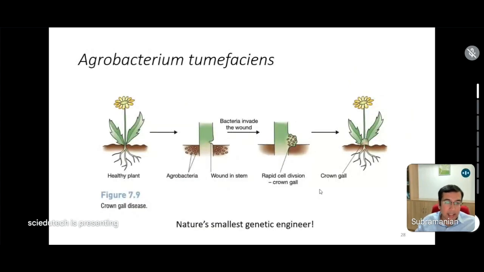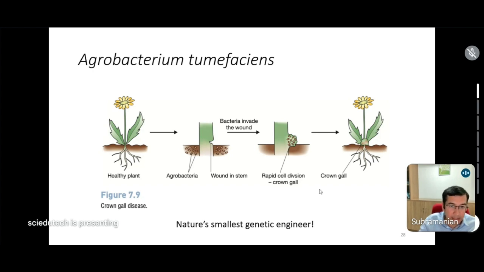There is also another strategy which uses Agrobacterium tumefaciens. Agrobacterium tumefaciens is a soil bacterium, and it's called nature's smallest genetic engineer. Why? Because this bacterium can infect plants, particularly in wounded regions, and cause these regions to rapidly divide, which causes something called crown gall.